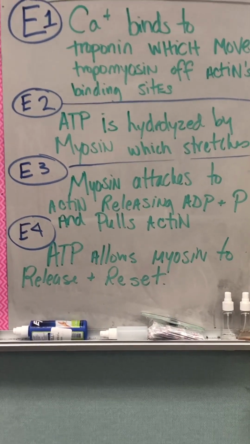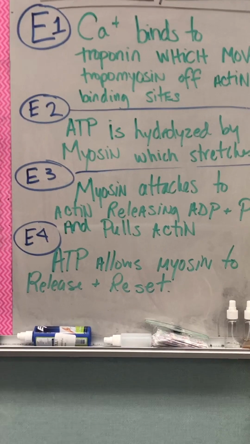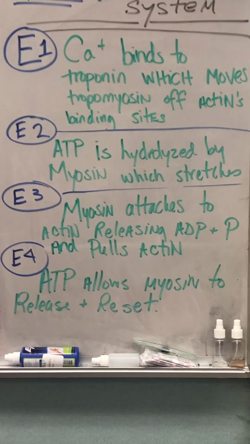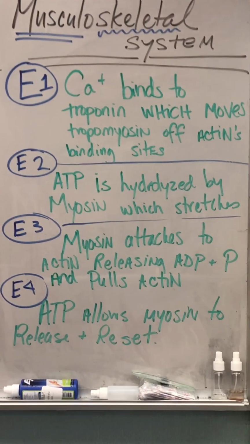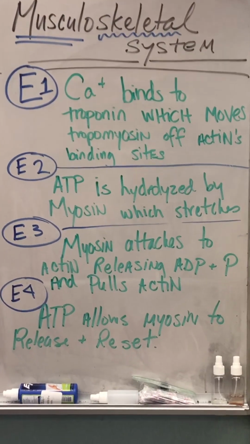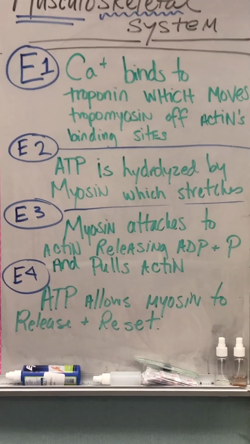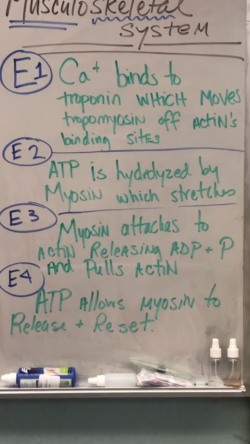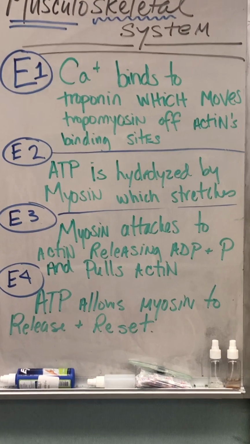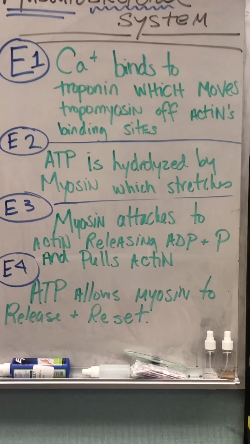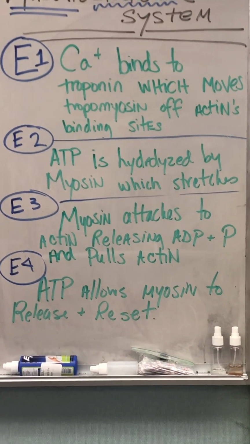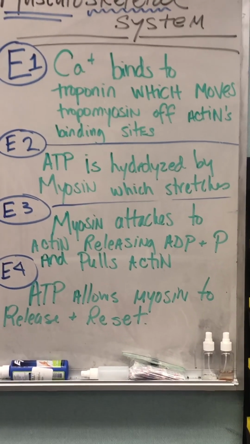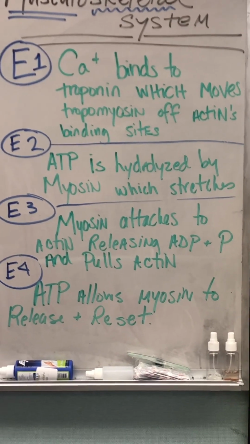This will happen repetitively until there is no more ATP available, or until the calcium that was binding to the troponin is pumped out of that area of the cell and there is no more calcium, so then the troponin will not be there to change shape. It'll go back to its original shape and tropomyosin will drop back onto the actin, blocking the spot where the myosin could bond.